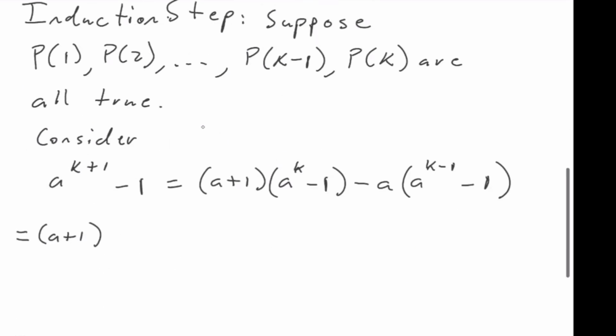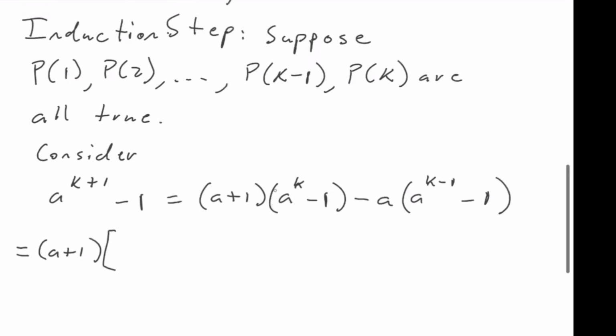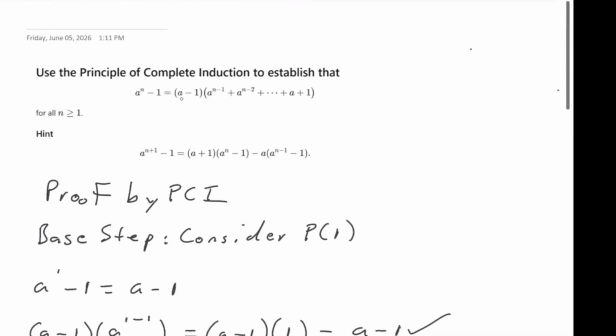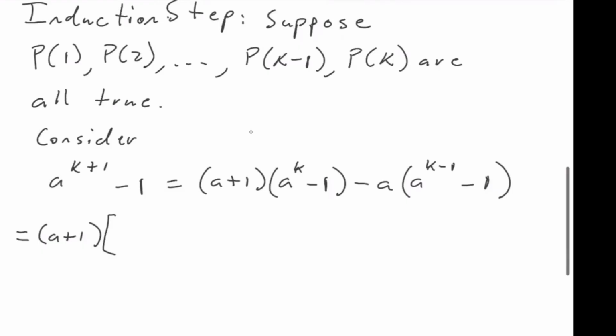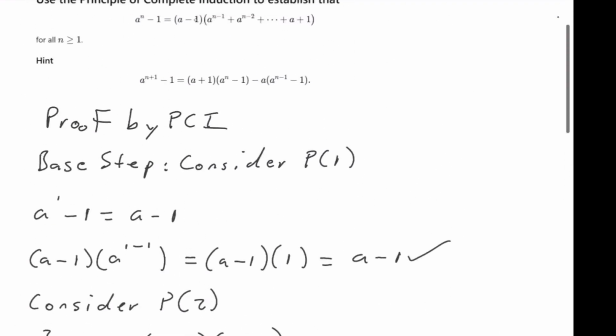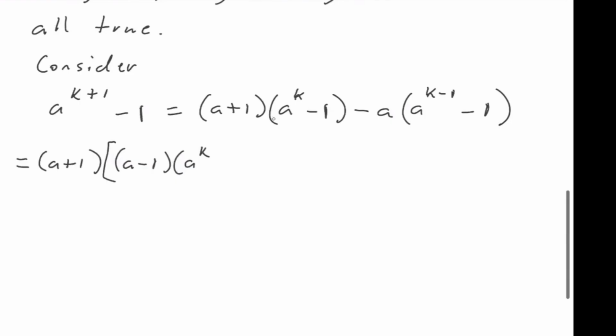So that's why Burton generously gave us that, right? So that means a to the k minus 1 is equal to a minus 1 times a to the k minus 1 plus a to the k minus 2 plus dot dot dot plus a plus 1.